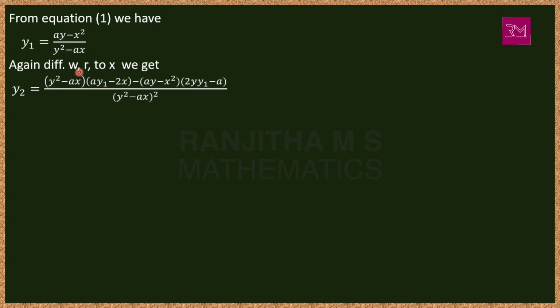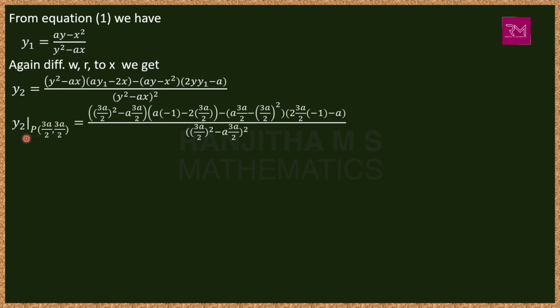That is, the denominator y square minus ax into the derivative of the numerator, that is a into (y1 minus 2x), minus the numerator ay minus x square into the derivative of the denominator, that is 2y into y1 minus a, divided by (y square minus ax) whole square. This is our y2.